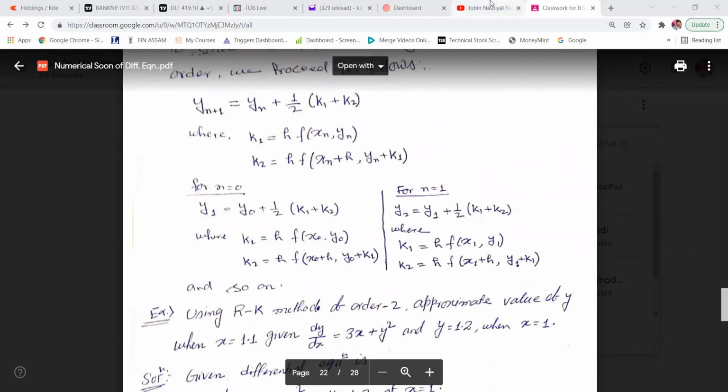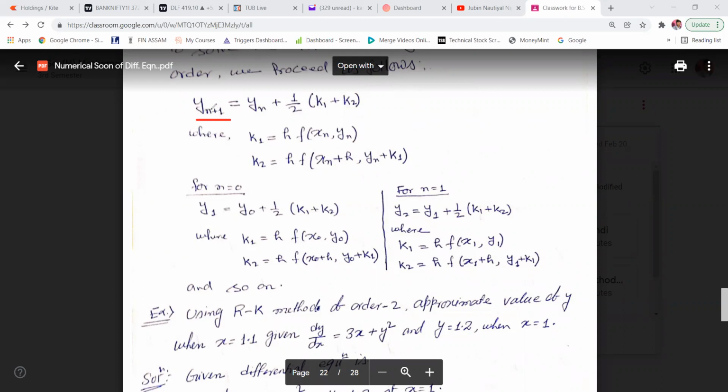Okay, so here the value of n will start from 0, then 1, then 2, whatever it may be. If you put n equal to 0 here, you will get the first approximation, that is y1. So y1 is equal to y0 plus half (k1 plus k2).